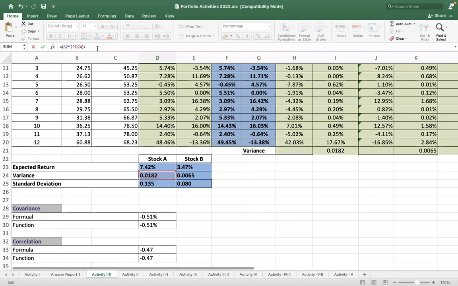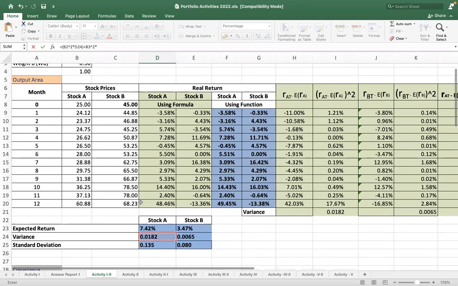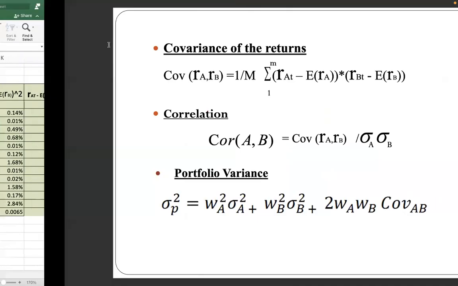Then plus weight of stock B multiply by variance of stock B, variance of stock B, close the bracket, open and close the bracket.